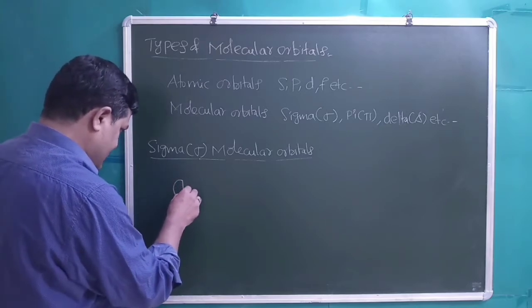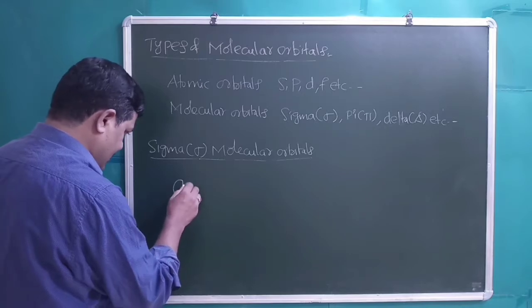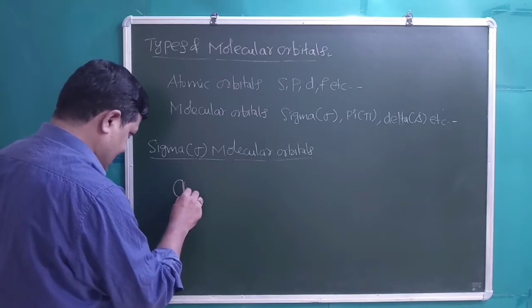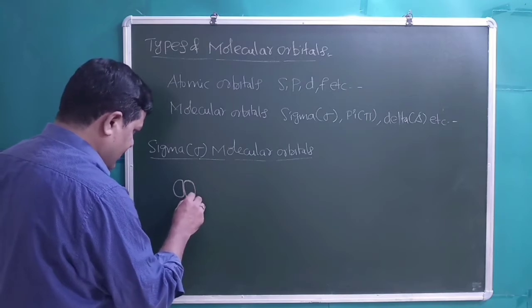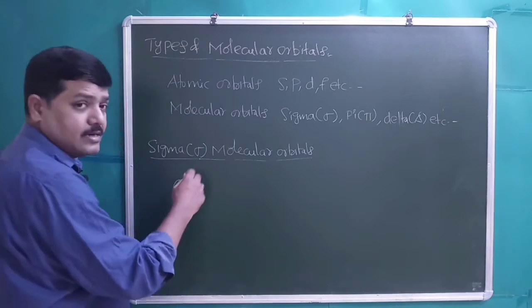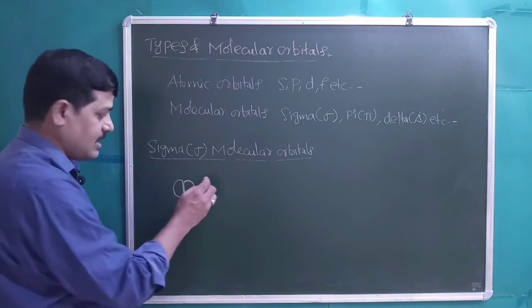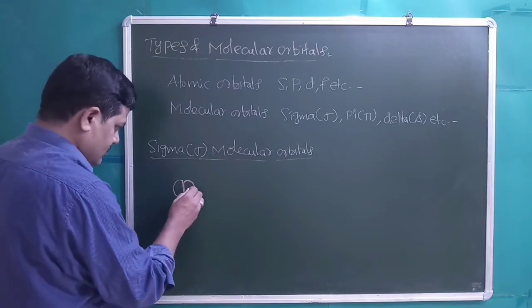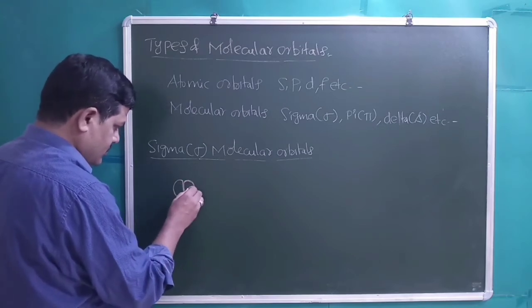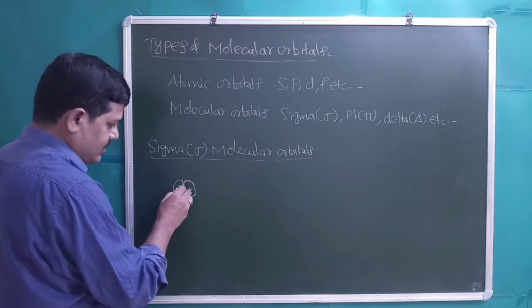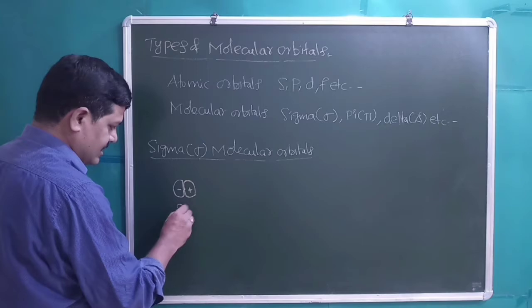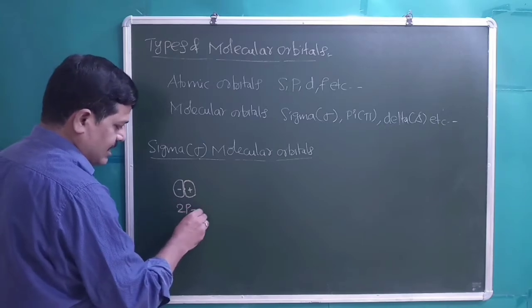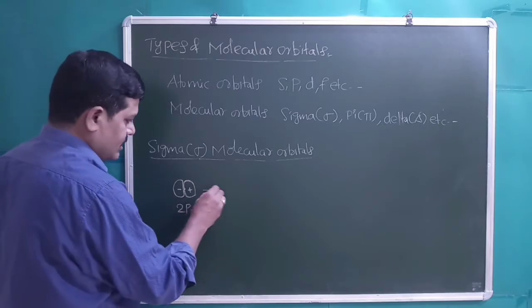The 2pz orbital of one atom is overlapping with the 2pz orbital of the other atom. One lobe has a positive sign, the other a negative sign. This center indicates a nucleus. This is the 2pz orbital of one atom.